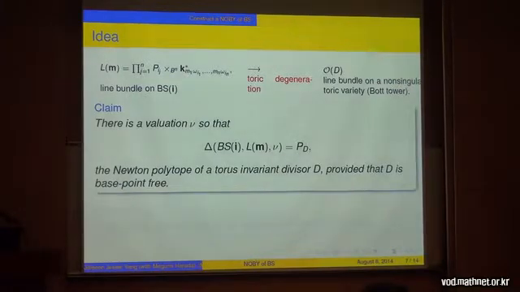So it is a very natural expectation to see the Newton polytope of D as a Newton-Okounkov body of the Bott-Samelson variety with this line bundle. And we claim that that should be true if the divisor D is base point free.